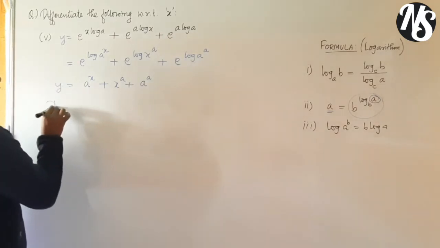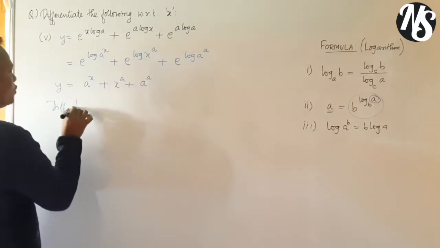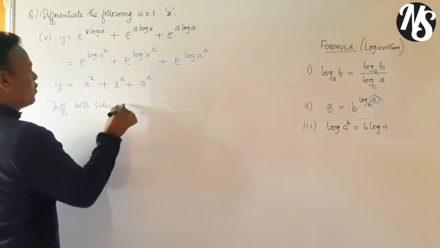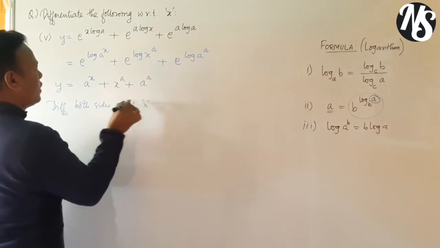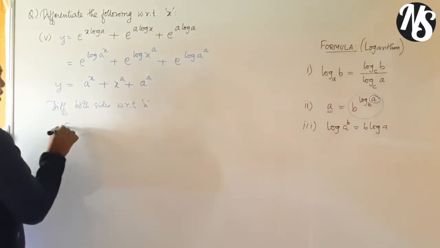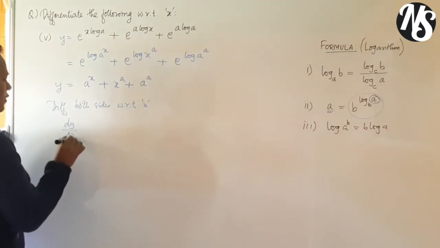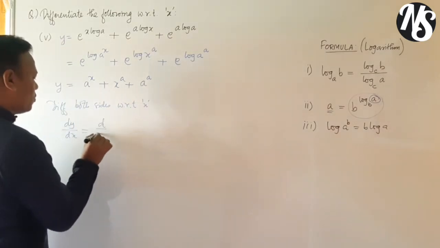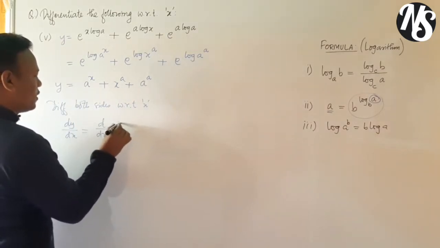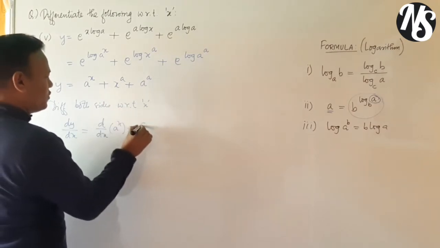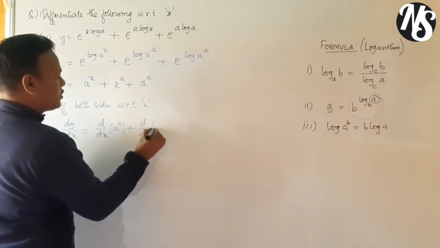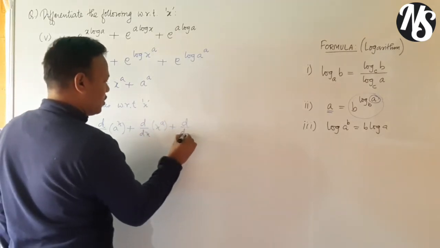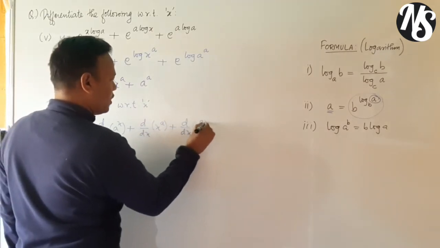Now we'll write, differentiating both sides with respect to x. The variable is x, remember. Now a is a constant, all right, so we get differentiation of a to the power x, plus differentiation of x to the power a, plus differentiation of a to the power a.